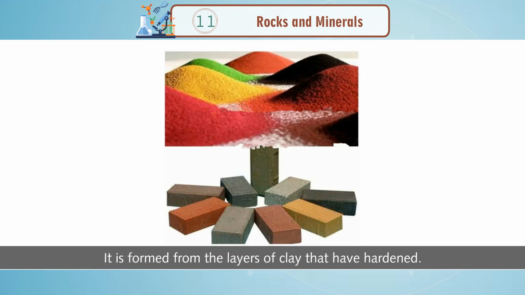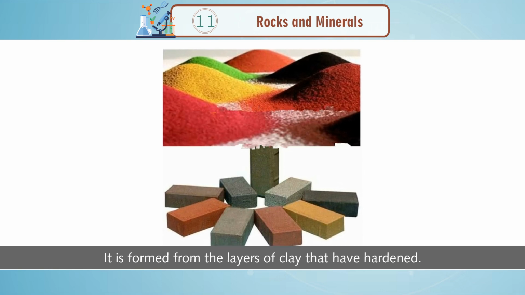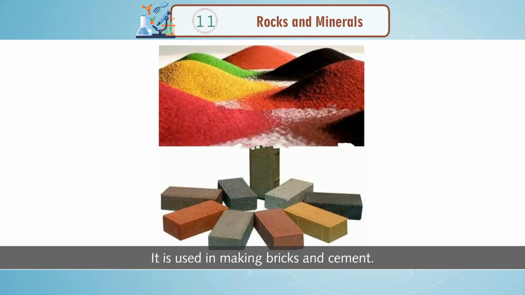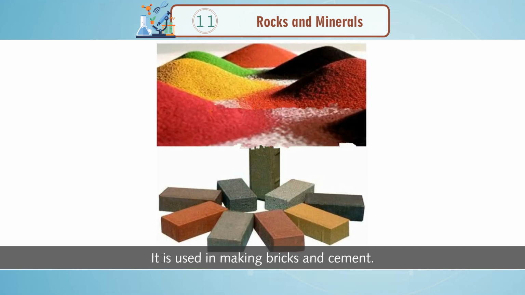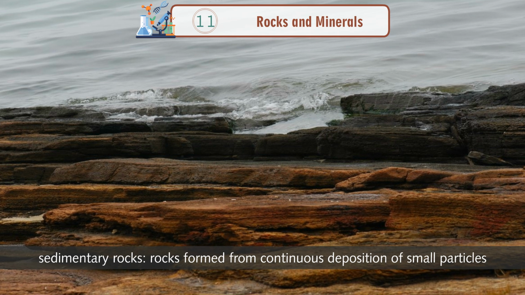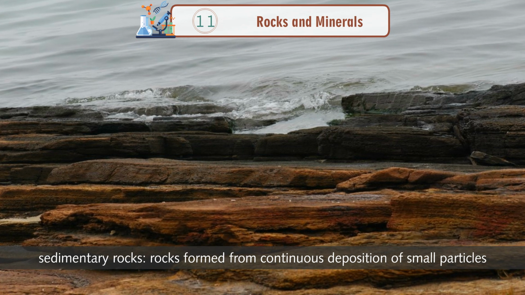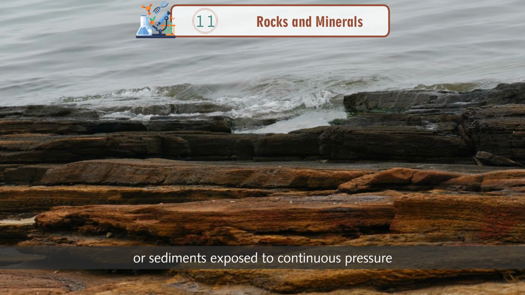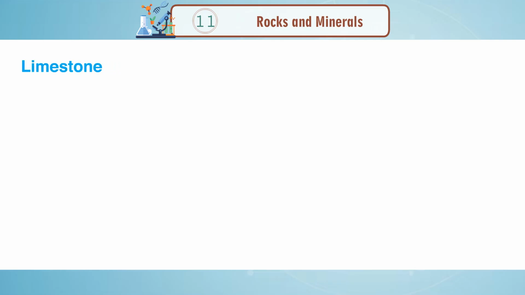Shale. It is formed from the layers of clay that have hardened. It exists in various colors like black, red and green. It is used in making bricks and cement. Sedimentary rocks are formed from continuous deposition of small particles or sediments exposed to continuous pressure. Limestone.